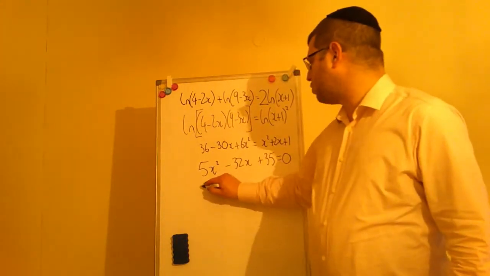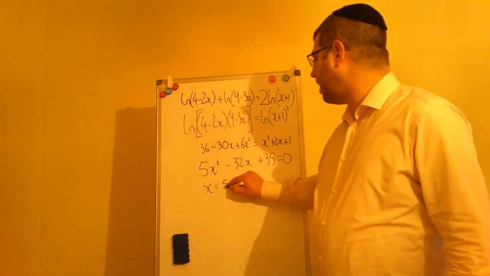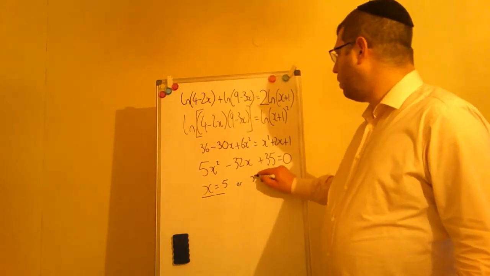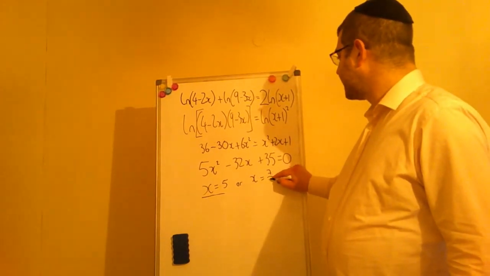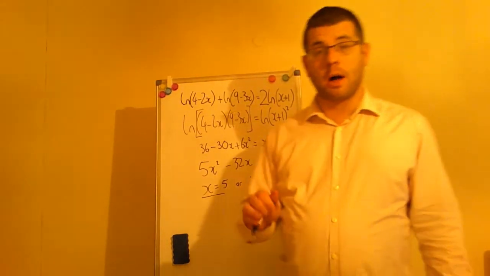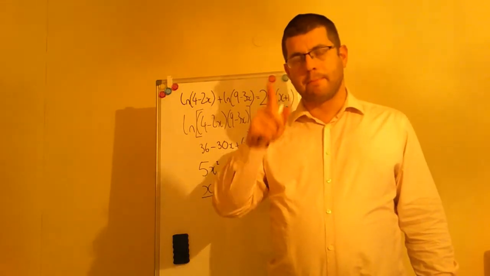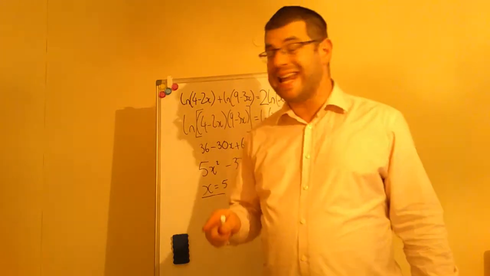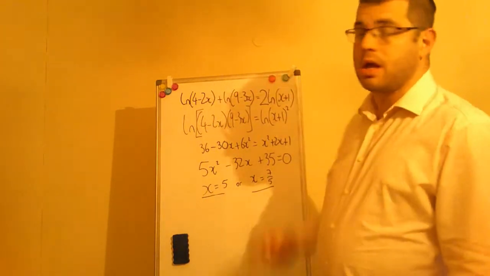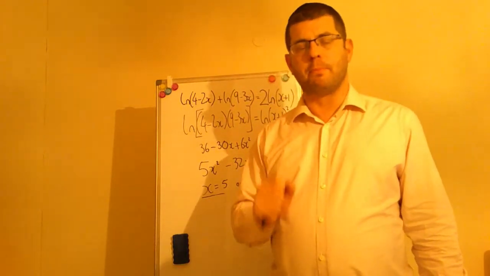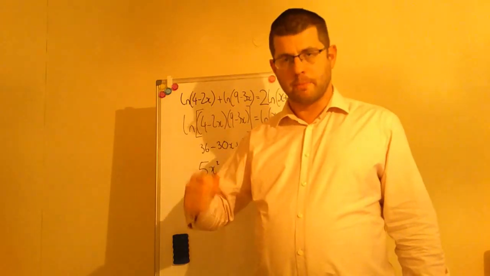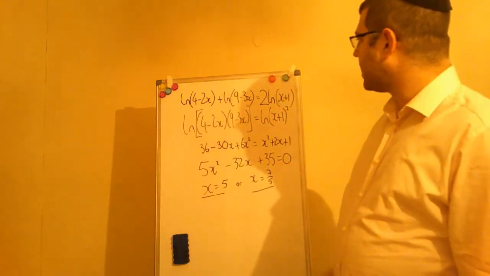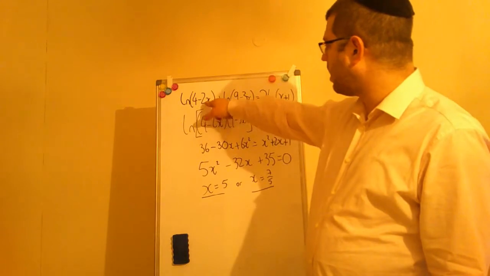And if you solve this quadratic, you get x is 5 or 7 over 5. However, because ln is a logarithm, remember I've said before, you have to check those are valid solutions, i.e. that the inside of the ln, if that's negative, that's a problem, because you cannot ln or logarithm a negative number. So let's see, if you take 5, that's a problem.